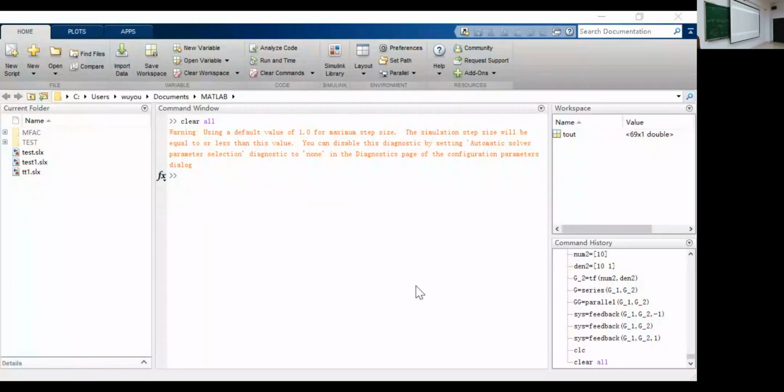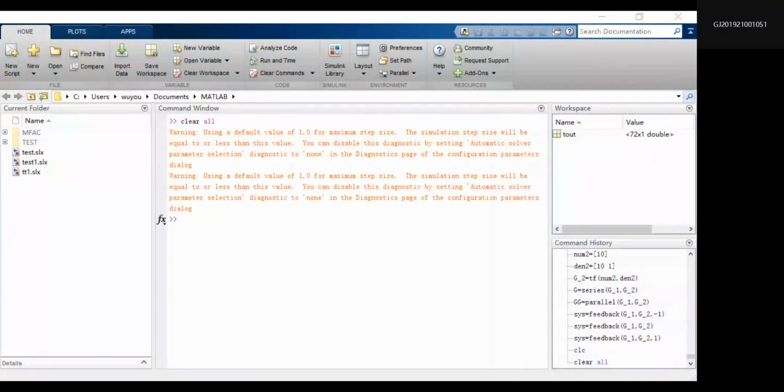And when time is bigger than 20 seconds, bigger than the step time you just set, the step happens. The output will change after 20 seconds. See here? And you can try to change the step time. Maybe it happens just from 0, a step in the very beginning. So let's see what the output curve will be like.